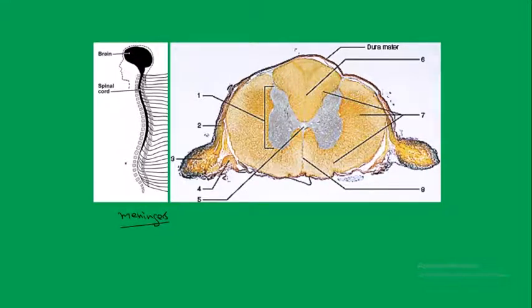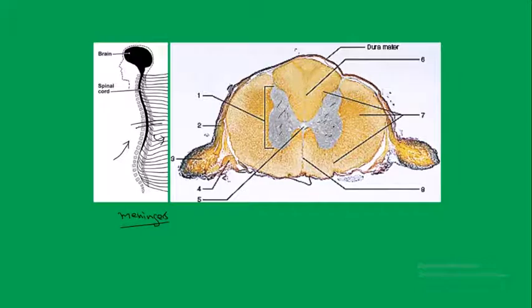What is the function of the spinal cord? It carries information from the body parts to the brain, and communicates the response of the brain back to the body parts. When we see a transverse section of the spinal cord, it appears close to a butterfly shape.